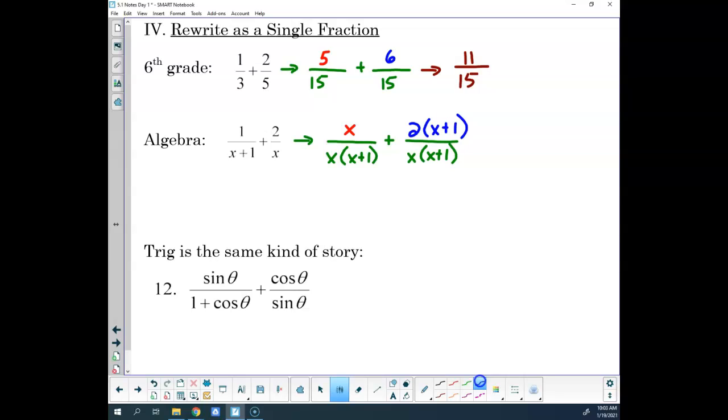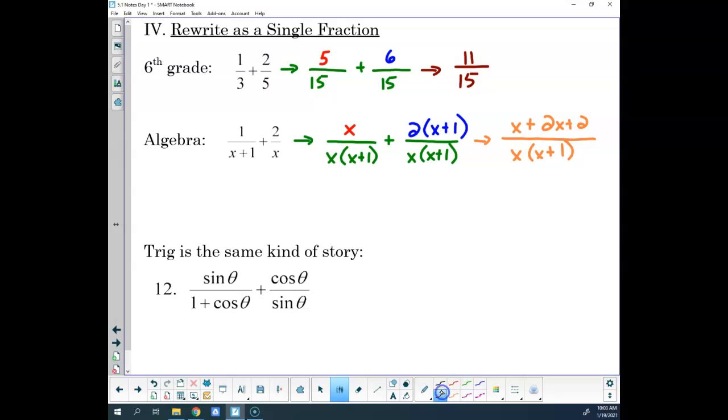But then you said, now I can add the tops. So this would be x plus 2x plus 2, all over x times x plus 1.